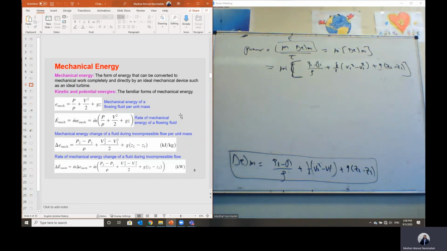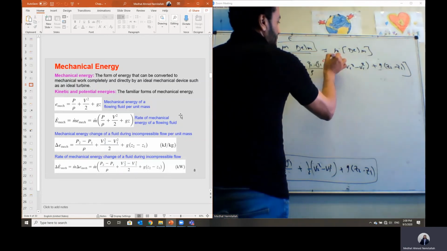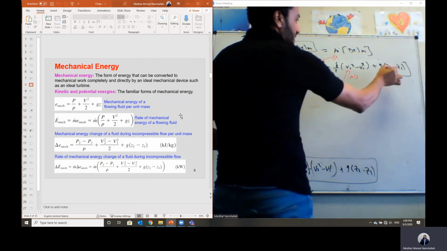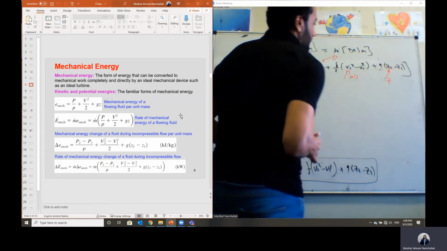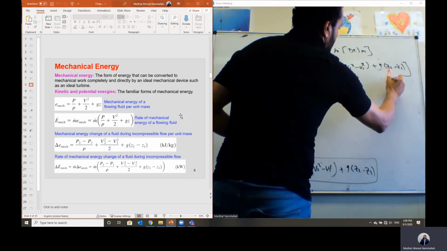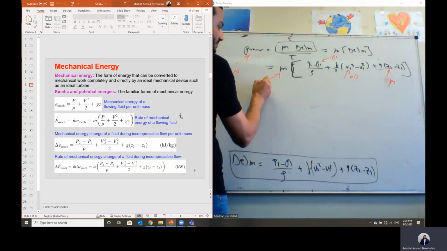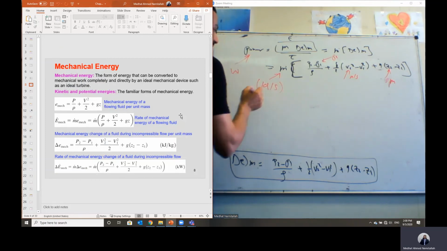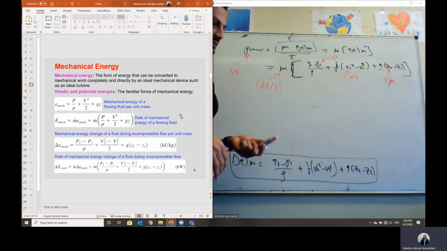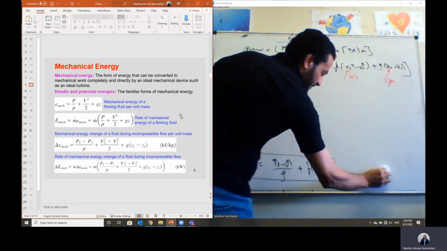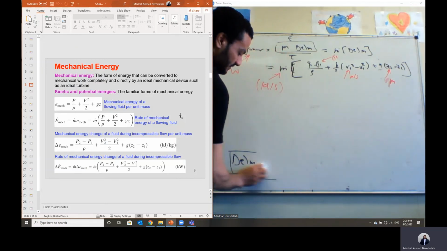But just be careful again, as we said, if the pressure is in Pascal, the velocity is in meter per second, and the elevation Z is in meter, then in this case the power will be calculated in watt, and m dot, the mass flow rate, is in kilogram per second. And this is the mechanical power of a flowing fluid.